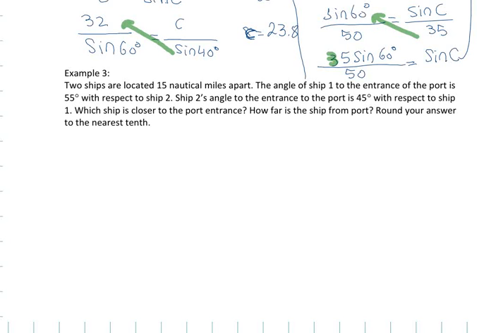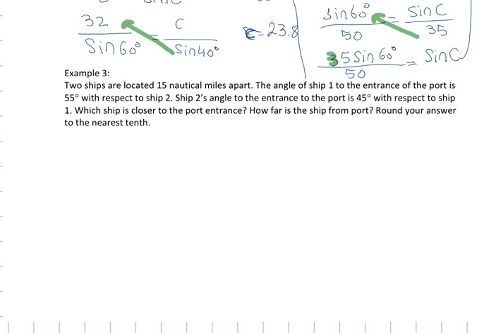So, in this case, what are my three things that I'm looking at? 15, and I have two angles, 55 and 45. What are the three objects that I have? I have ship 1, I have ship 2, and I have the entrance of the port.